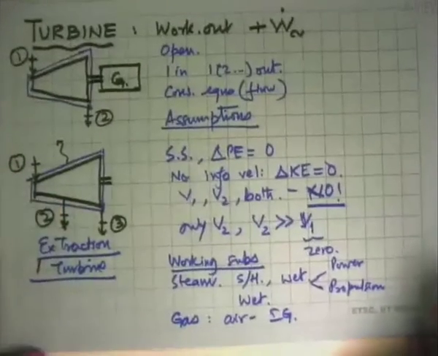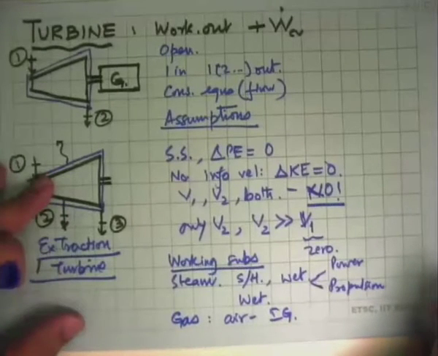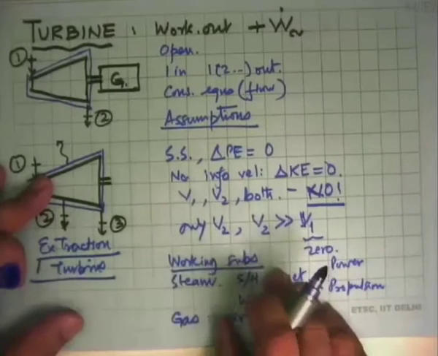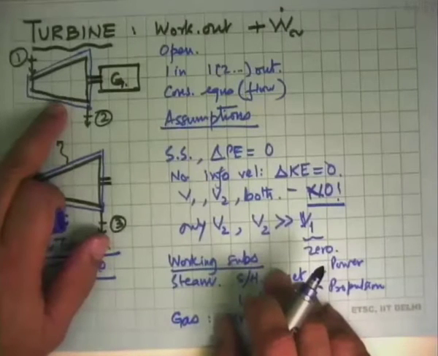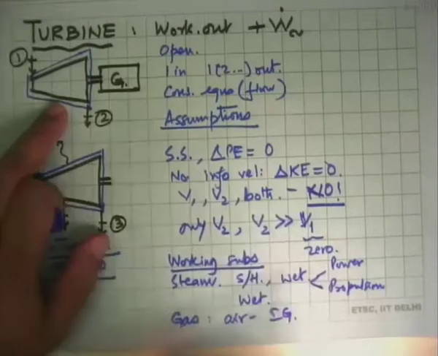A nuclear submarine or a nuclear aircraft carrier has a nuclear reactor which produces steam. That steam runs a steam turbine, which produces some electricity.